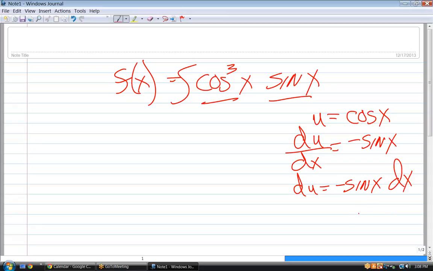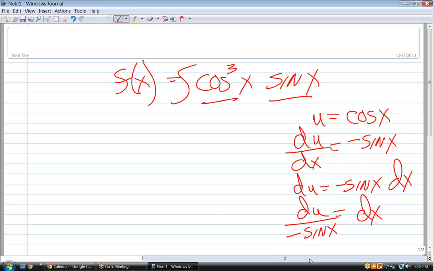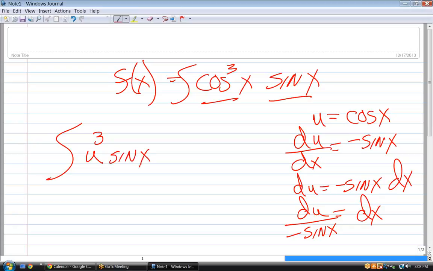Let me take this one step further. That makes dx equal du over minus sine x. So now I can completely rewrite this integral as u cubed sine x, and there was a dx up here also.